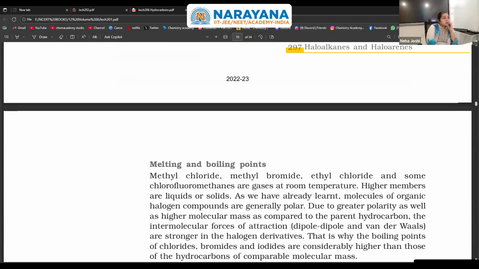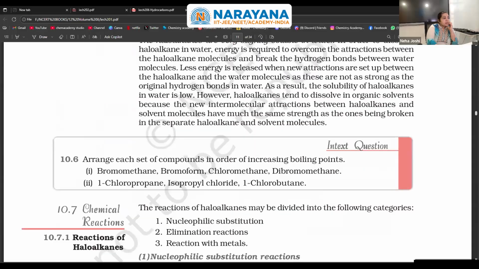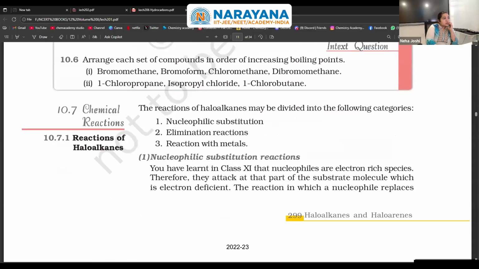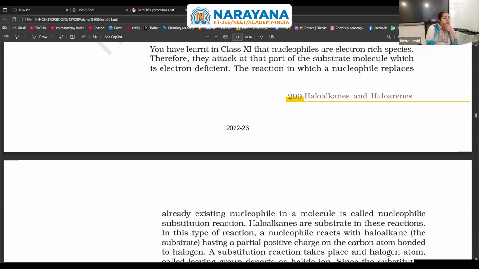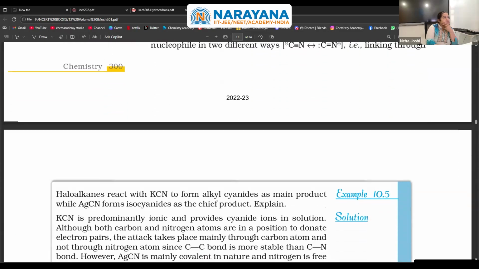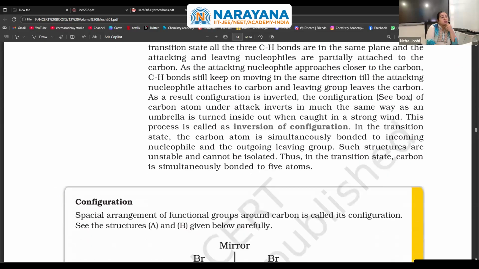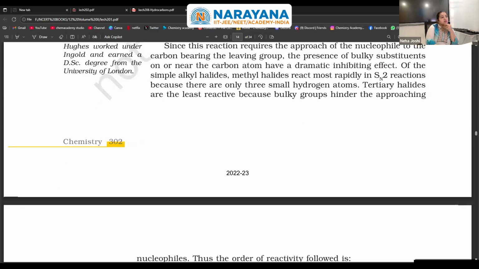Physical properties. Now reactions will start. Reactions. So first they are talking of nucleophilic substitutions. Fine. I am not able to locate the question. It was very important.